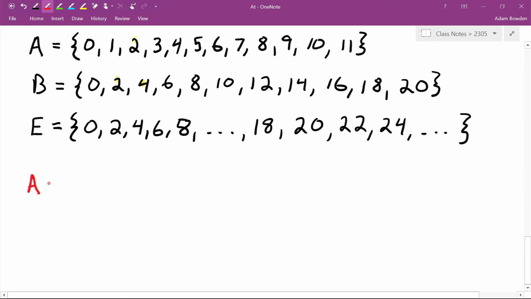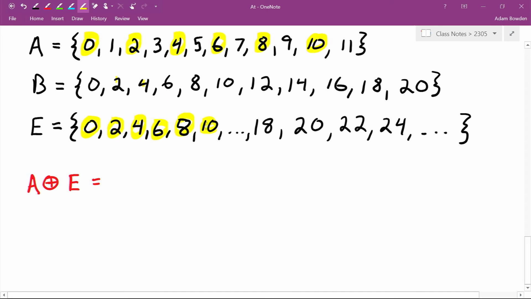Let's look at A symmetric difference with E. Again, how we think about symmetric difference is we think of everything in A or everything in E, but not what they have in common in both. If we go through and highlight the numbers that A and E have in common, it's going to be, again, just even numbers.